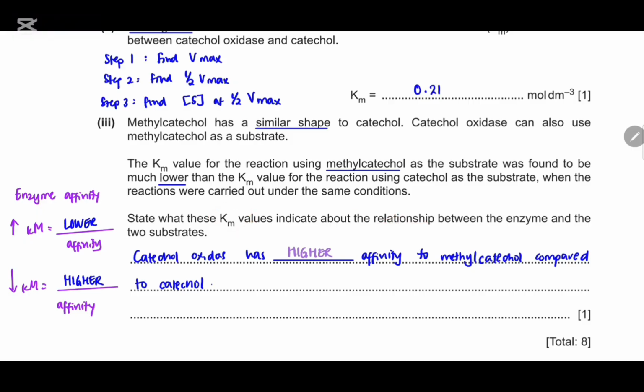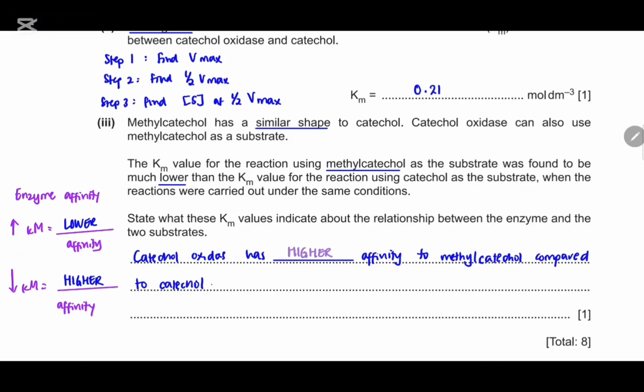Now whenever we have a Km value, which is the Michaelis-Menten constant, it is really talking about the enzyme affinity to what? To its substrate, right? So I want you to remember this rule. The higher the Km value, the lower the affinity, or vice versa, the lower the Km value, the higher the affinity of the enzyme to its substrate.